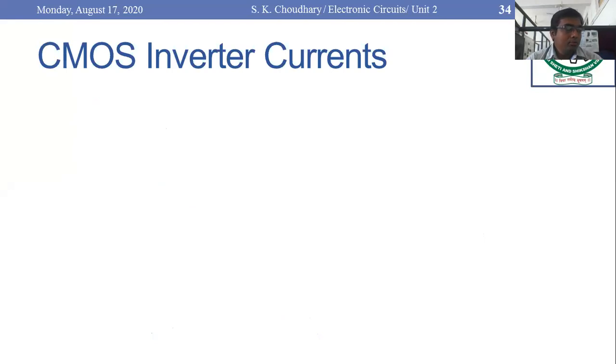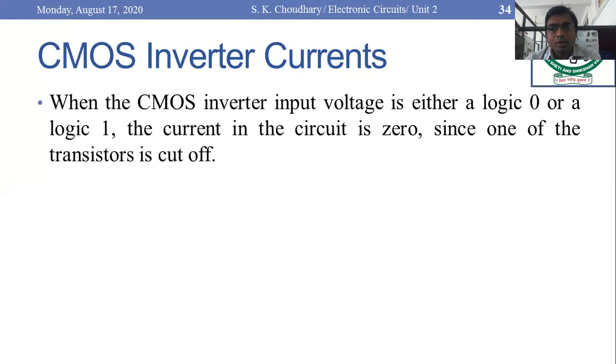Okay. Now, that is all about the voltage transfer curve of the CMOS inverter. Now, you have to see the CMOS inverter currents. So when CMOS inverter voltage is either a logic 0 or a logic 1, current in the circuit is 0, since one of the transistors is in the cutoff.